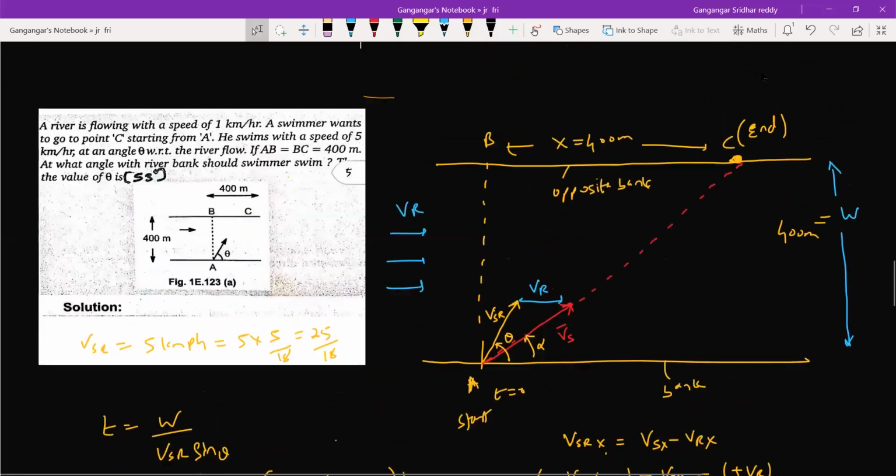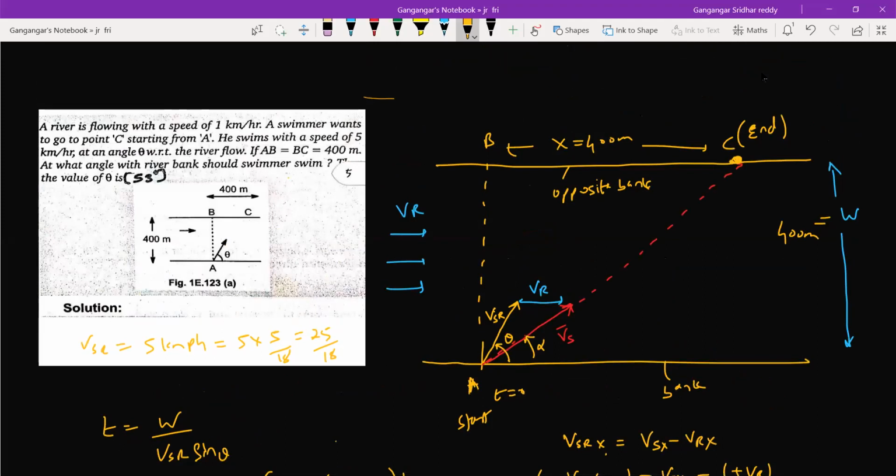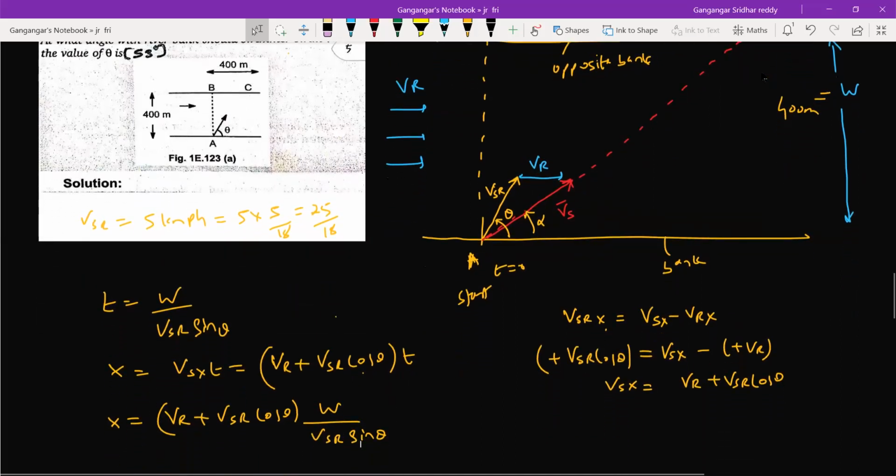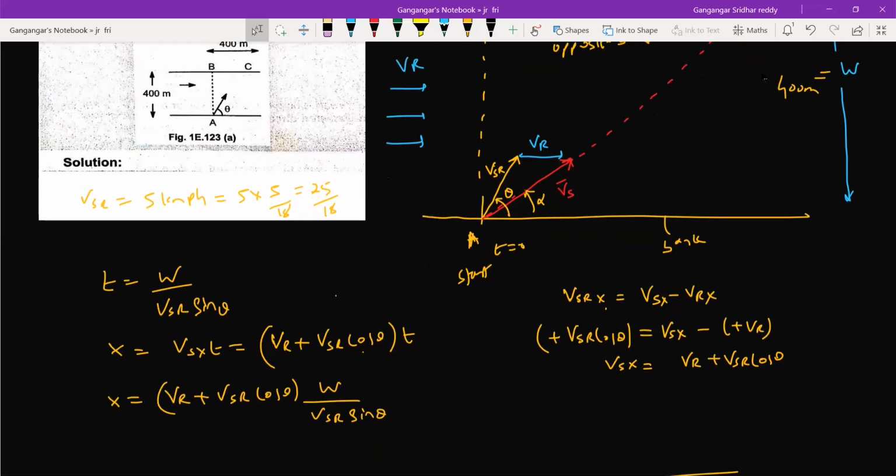So we'll substitute, the river is 1 km per hour, no? It will become 5 by 18. We don't need to convert it, sir, because X and W are both in meters and will cancel out. There is no need of conversion, but sometimes there are problems where you have to convert.